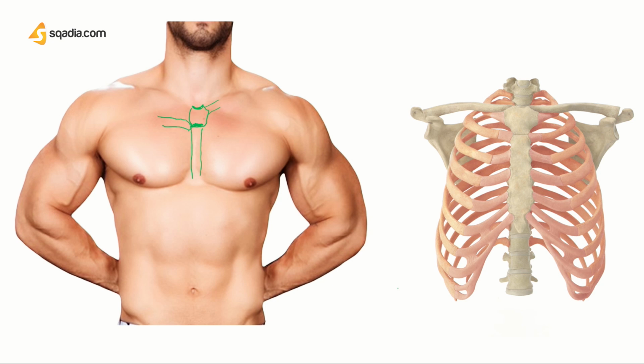Now you go to all of these spaces. So this is space number 2, and we have space number 3, 4, 5, and this is where we can hear the sound of the aortic valve. So we palpate on the same side on the left, and now we can hear the pulmonary valve.